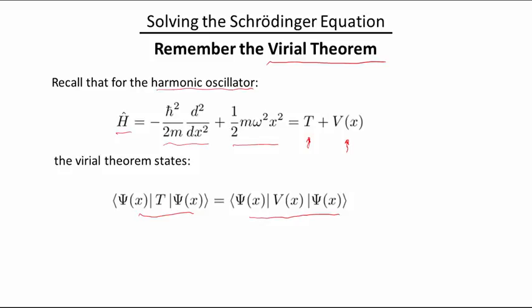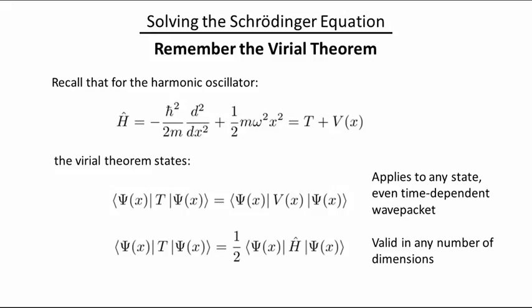So now I'd like you to think about what that implies for their actual values. I hope that you remembered how to get that result. The variational theorem states that the two contributions are equal. Well, then we must have T plus V equal E, the total energy on the average.